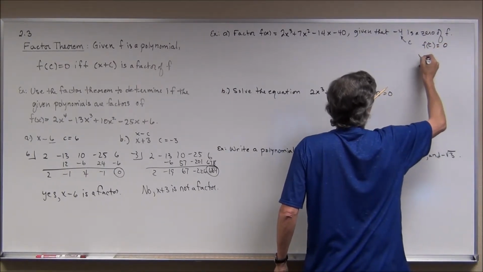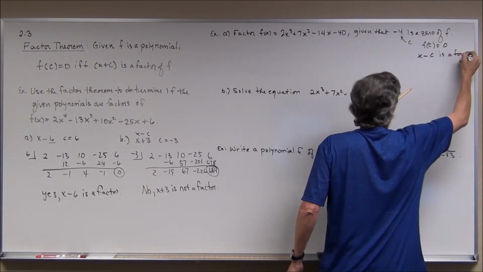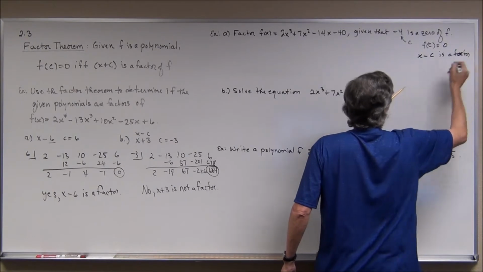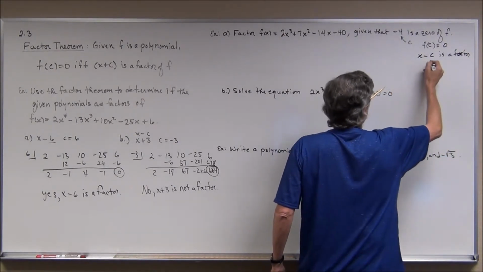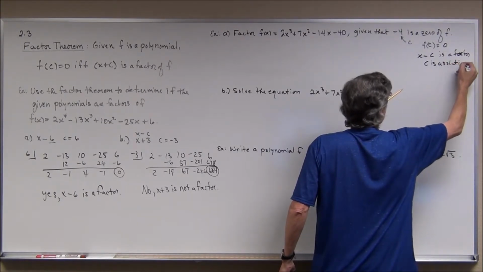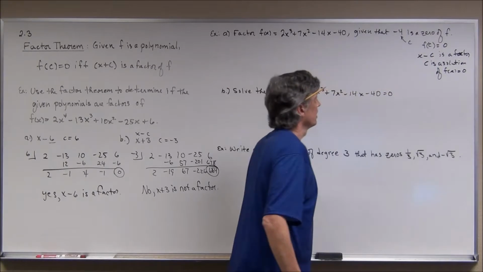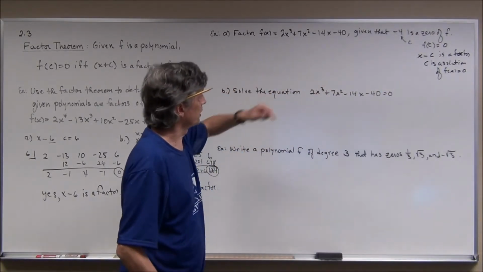It means that x minus c is a factor. And it also means, as it turns out, c is a solution of f of x equal to 0, because it says 0 of the function f.